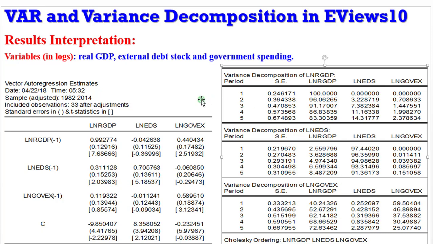And like I said before, you cannot interpret your variance decomposition results without referring to your VAR results, because there is a somewhat close relationship between these two results. Let me take you back to the real GDP results. For the variance decomposition, we observed that real GDP strongly influences itself, right from the short-run period to the long-run period.